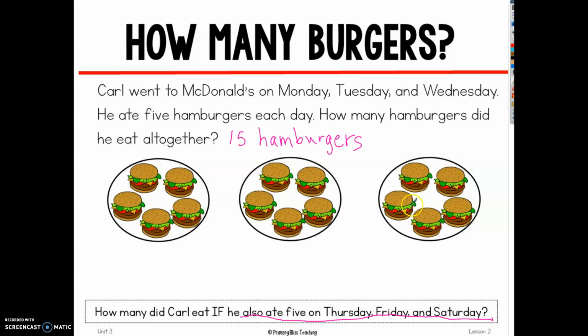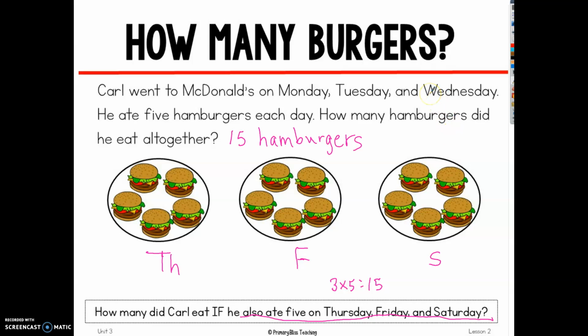Here's Monday, Tuesday, Wednesday. We already have that figured out. So if we just rearrange these and have this be Thursday, Friday, Saturday, we could use the same number model, 3 times 5 equals 15. So that's 15 burgers on Monday, Tuesday, Wednesday, and then another 15 burgers on Thursday, Friday, Saturday.